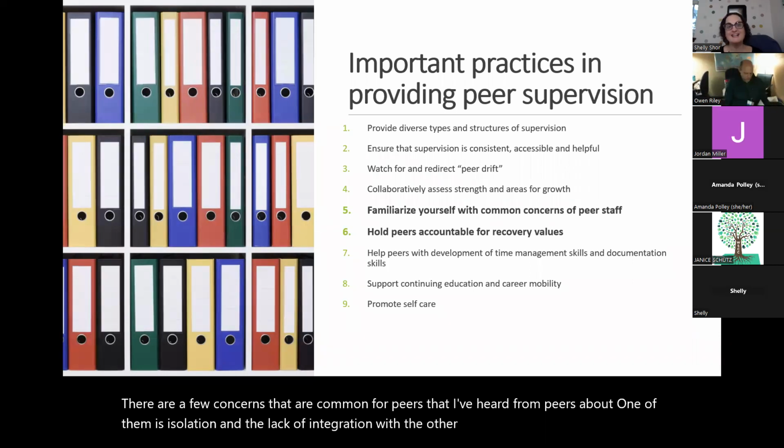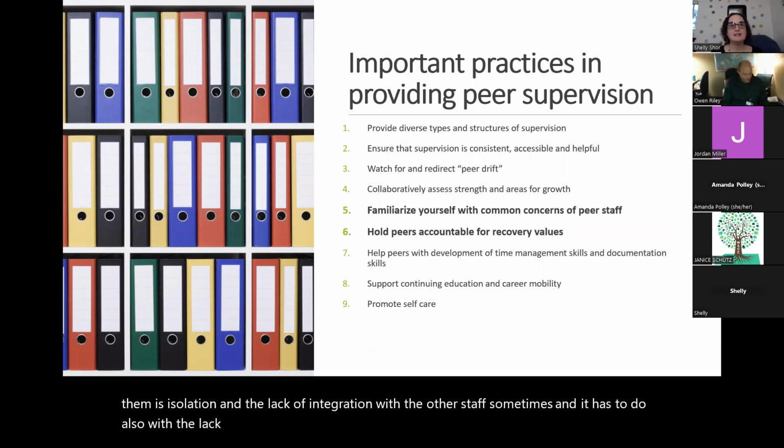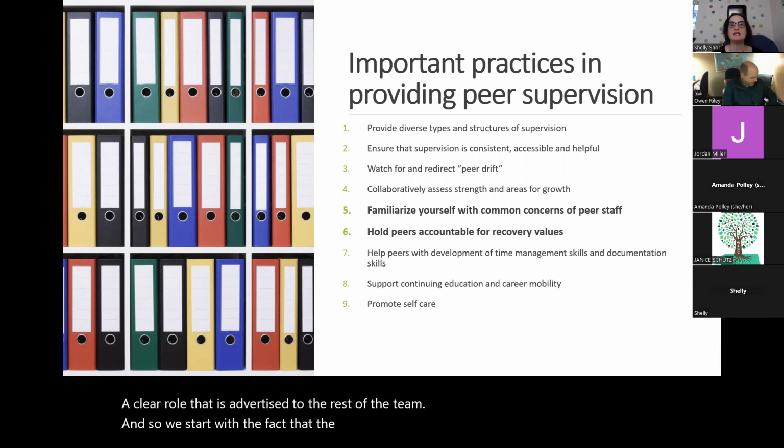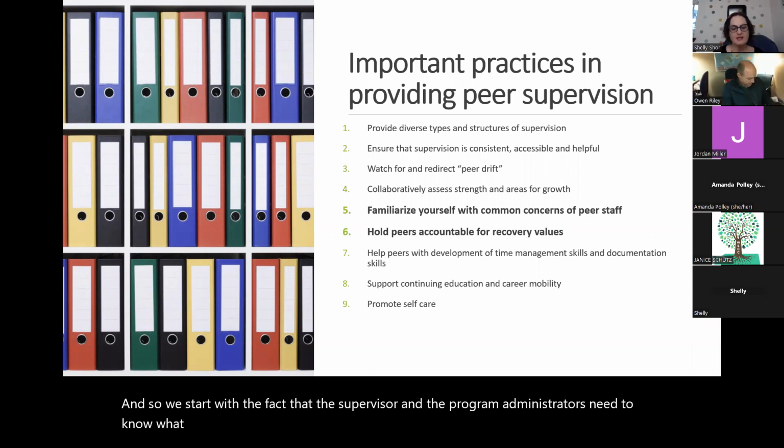Sometimes, and it has to do also with the lack of a clear role that is advertised to the rest of the team. And so we start with the fact that the supervisor and the program administrators need to know what the peer role is. If they do, they can communicate that to the rest of the team.